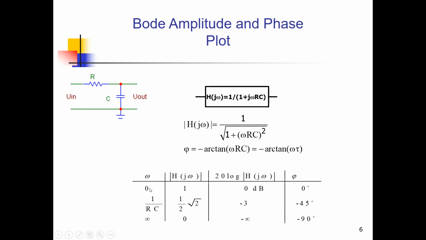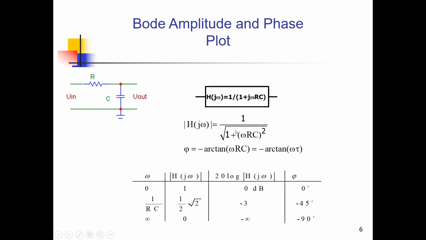Let's start with omega very small, almost 0. When omega is almost 0, this part is almost 0, and then for the amplitude we get 1 over the square root of 1, because this is 0, which is 1, which stands over here. For omega infinite, which is standing over here, we fill in a very large value for omega.